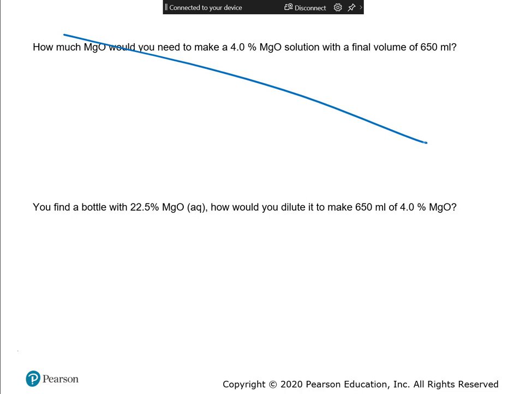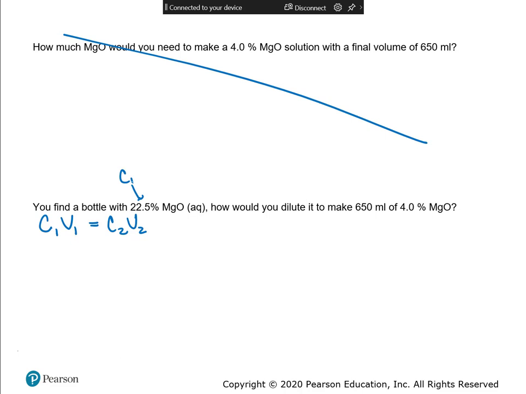So what is that 22.5? Is it C1, C2, V1, V2? It's my initial concentration. Remember I said the initial concentration is always going to be higher.